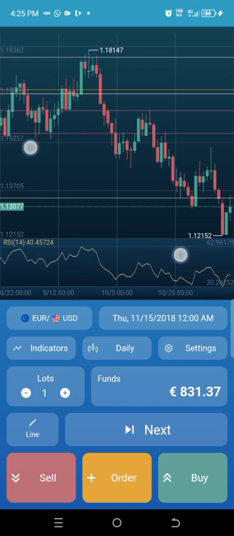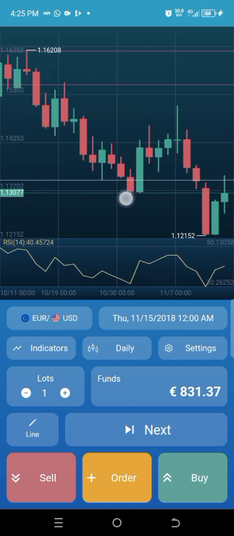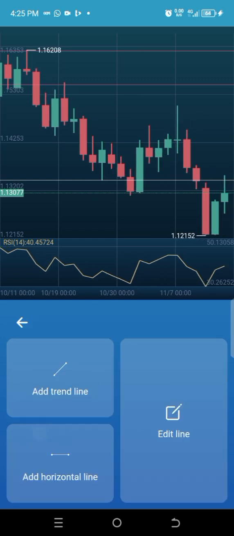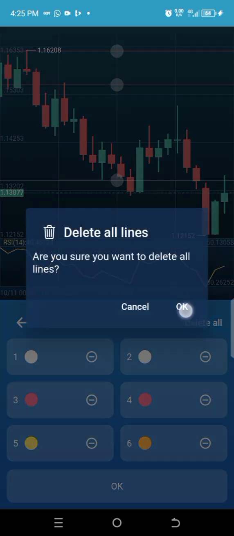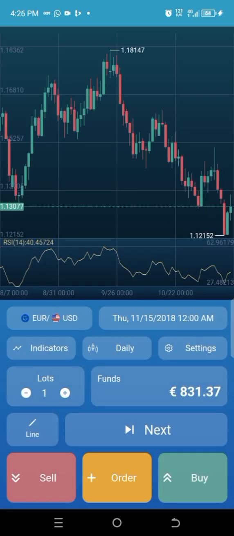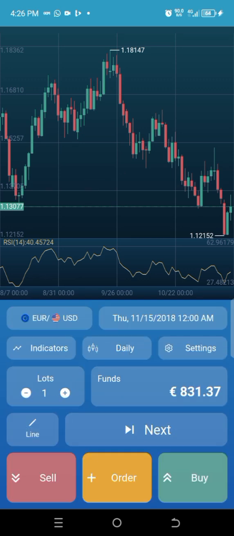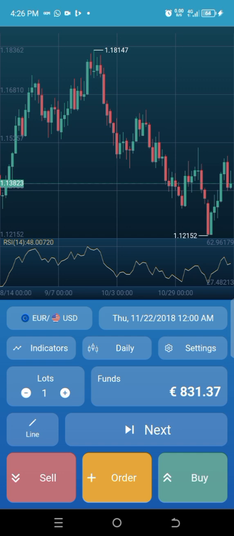Okay, so this is a low, a new low, new high. Eliminate all lines. Let's wait for the area of interest to be formed.